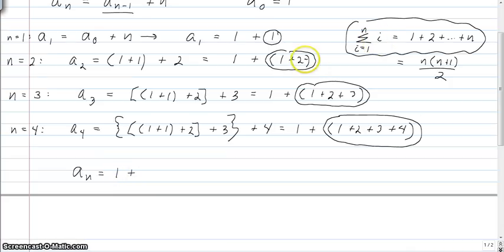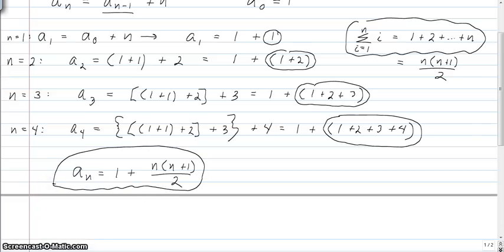In this case n is 2, in this case n is 3, in this case n is 4. In general, it's just n, so the sum of the first n integers is n times n plus 1 over 2. And so that would be the general term in the sequence, or we call that the solution to the recurrence relation.